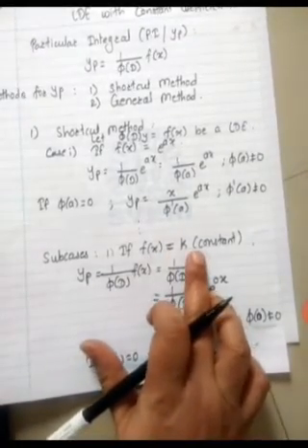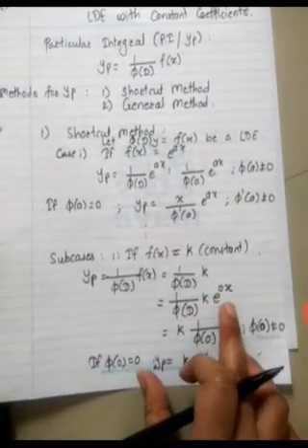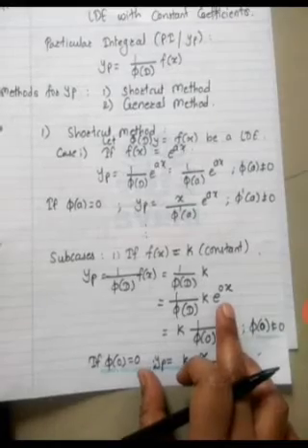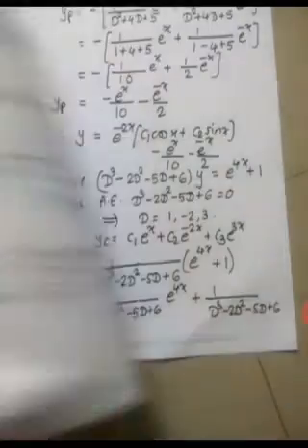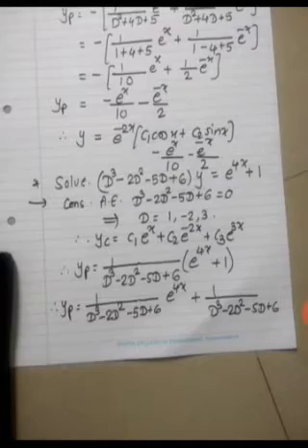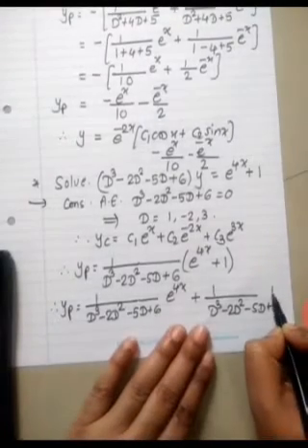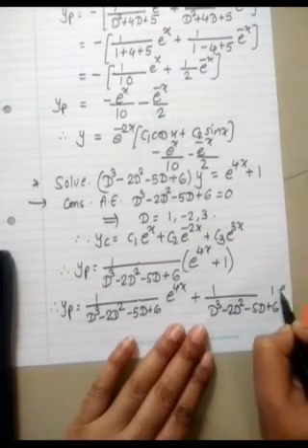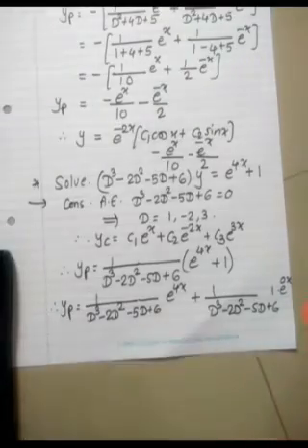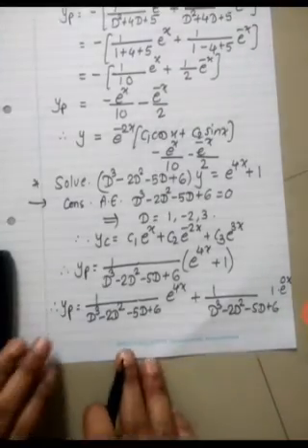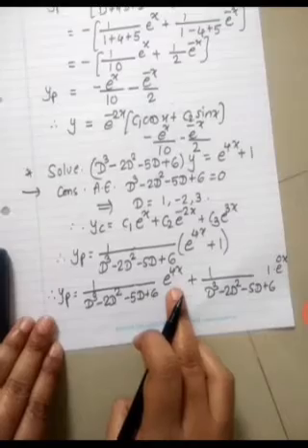If it is a simple constant, what should we do? You have to multiply it by e raised to 0x. Right. Now there is a simple constant 1. So 1 into e raised to 0x. Right.